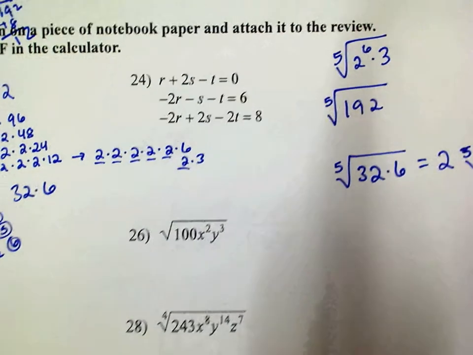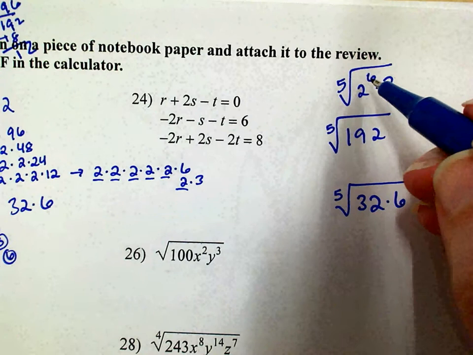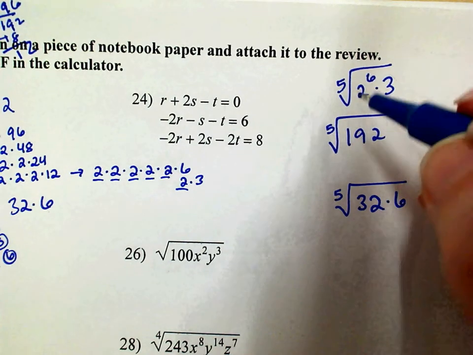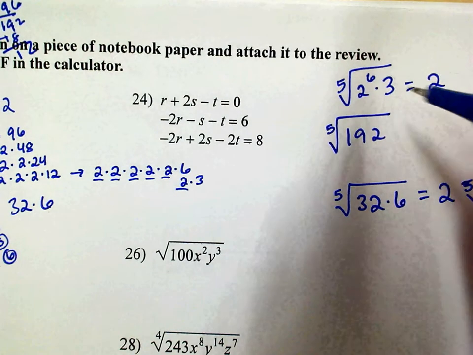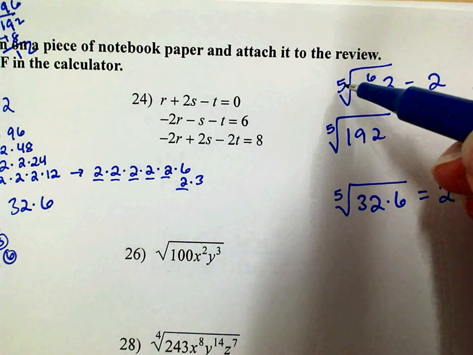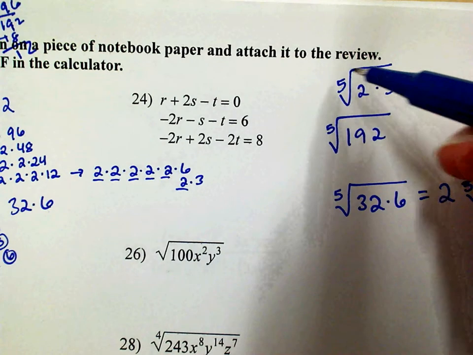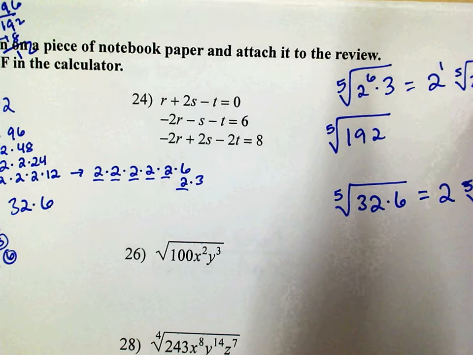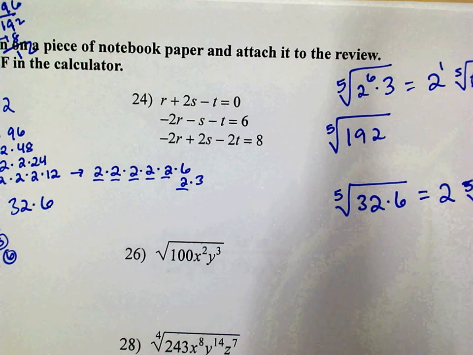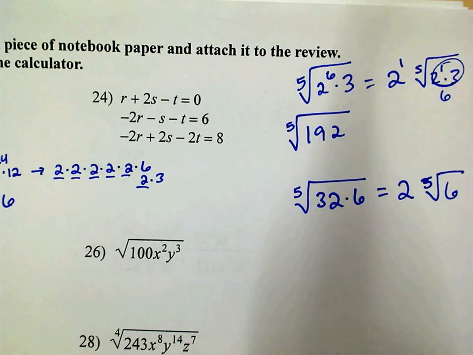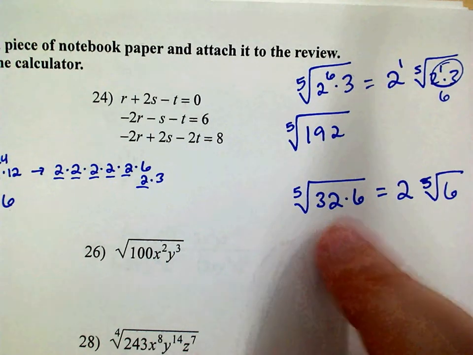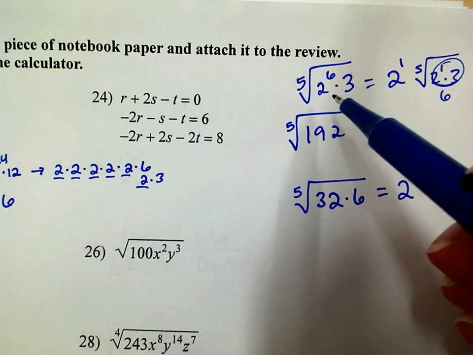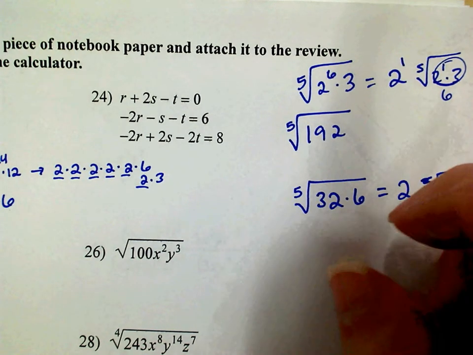And I ask myself, how many times does 5 go into 6? One time, so I bring 2 on the outside, and I leave 2 times 3, which is 6, on the inside. Does that make sense? I can either work it out using my power chart and figuring out if 32 goes into it, or I can just break it down into prime factors and see what I've got.